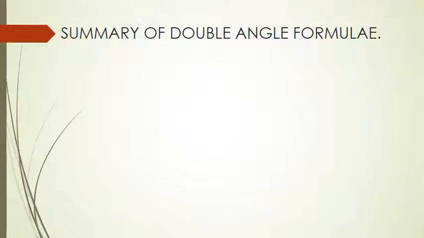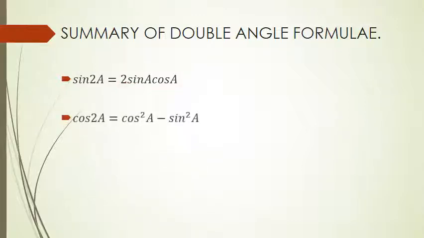Let us now summarize the double angle formulae. Sine 2a has only one variant: sine 2a equal to 2 sine a cos a. Cosine is different. It has three variants.